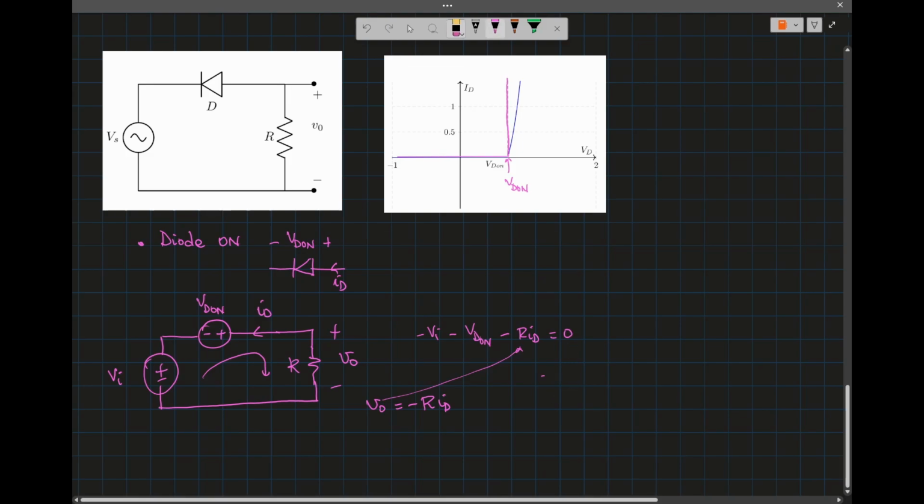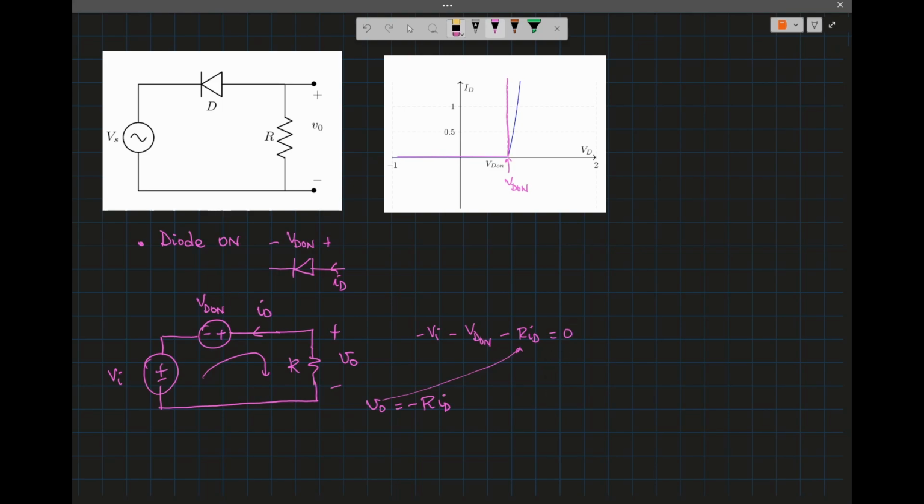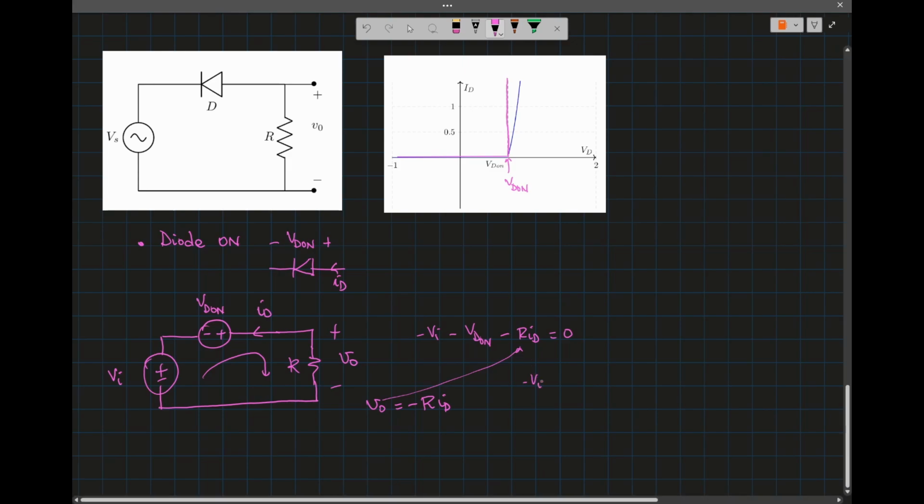So we wanted to find a condition under which the diode is on. So we have minus V_I minus V_D(on) equal to R I_D, and then diode on. So when the diode is on, what do we have? We have I_D is positive, R is positive, so that means minus V_I minus V_D(on) must be positive.